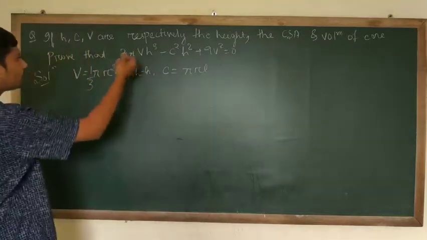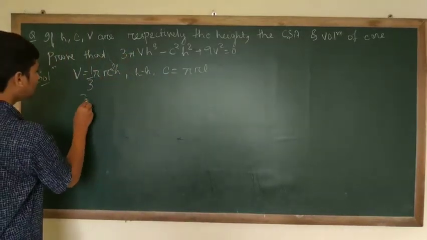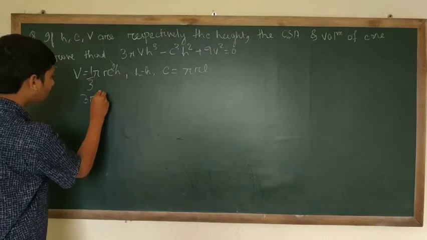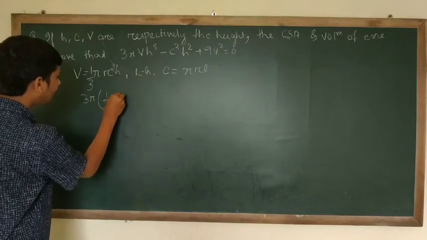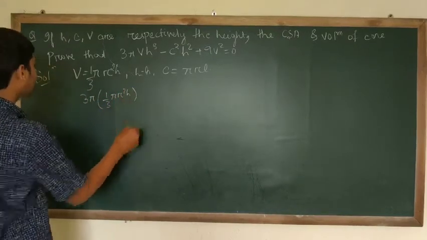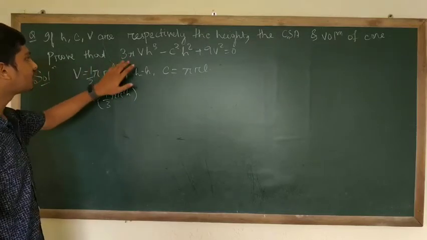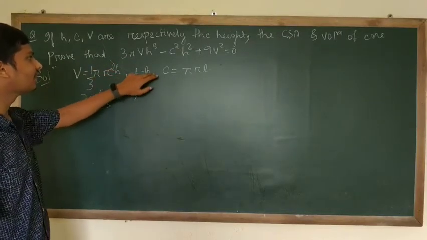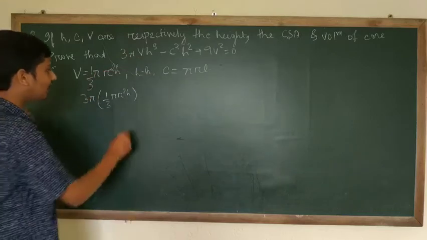Okay, so let's put in this equation 3 pi v, 1 by 3 pi r square h. Here write down that by substituting the value of v, h and c in this equation, we get this.